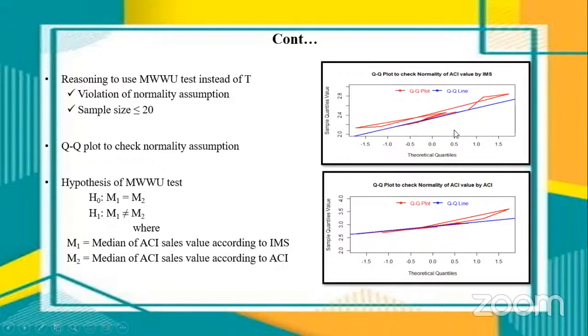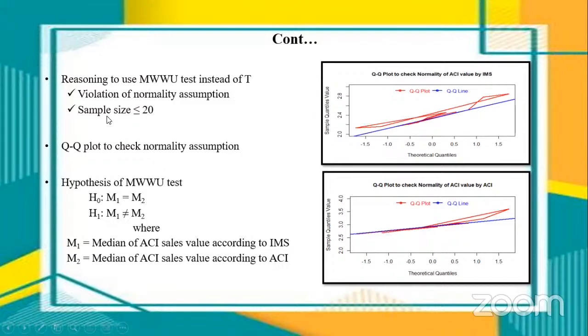Due to the violation of the normality assumption, the study relies on the Mann-Whitney Wilcoxon test, because it is a very popular non-parametric test and an alternative to the t-test. Another reason is sample size.